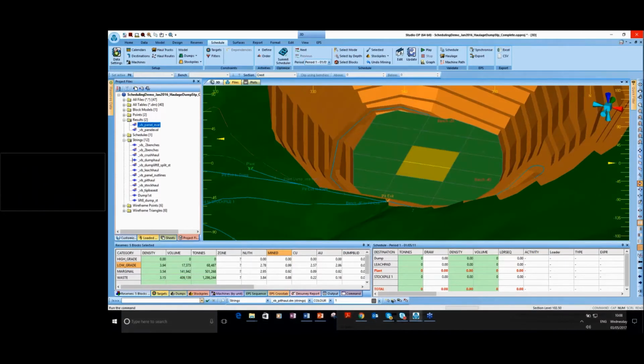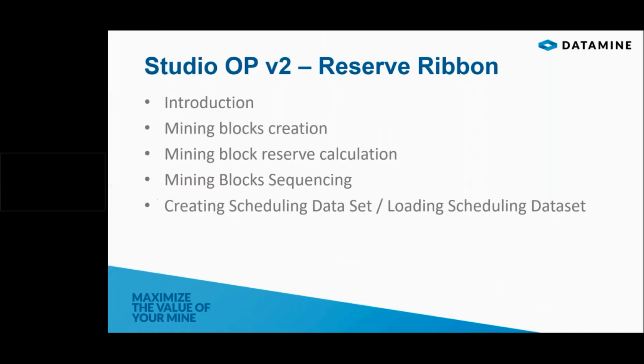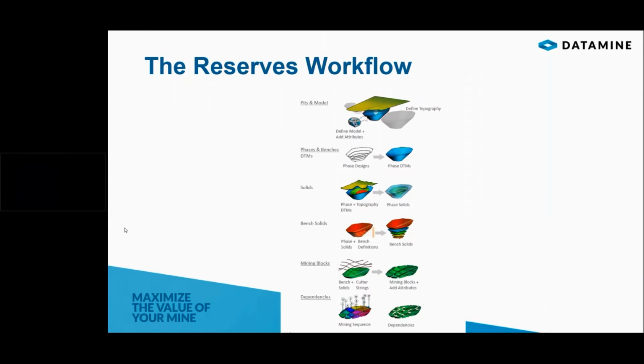In ISTS version 2, we follow a process flow, and after this process we can create these two files that are essential for scheduling.